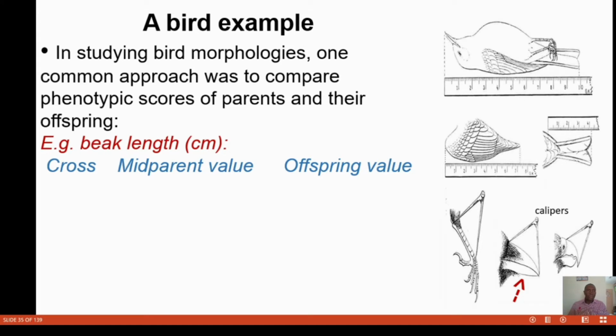Birds are very convenient to study the aspects of heritability and R, the response to selection.